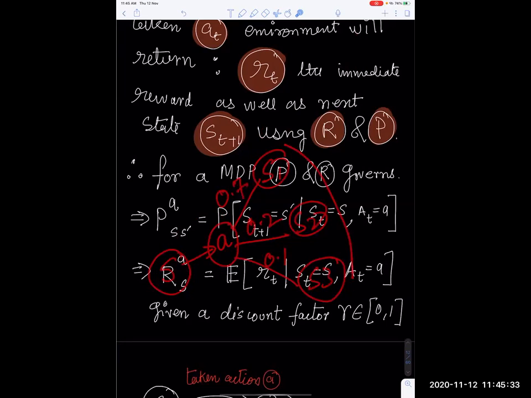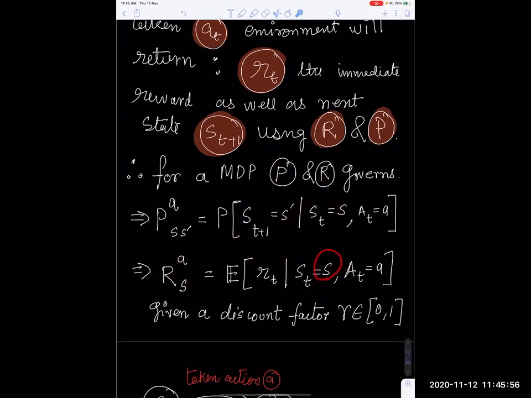Here the total cumulative reward is say R1, here R2, and here R3. Then the expected value is the probability multiplied by the reward for each outcome, summed together.